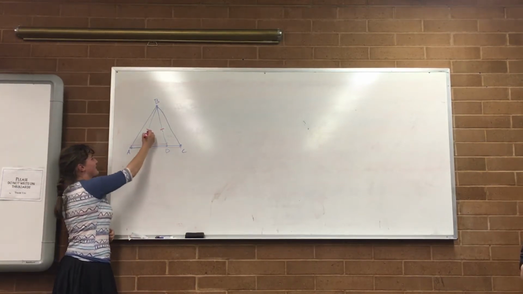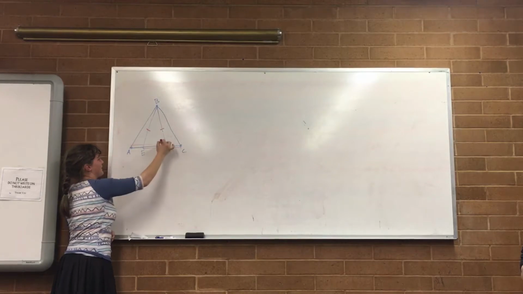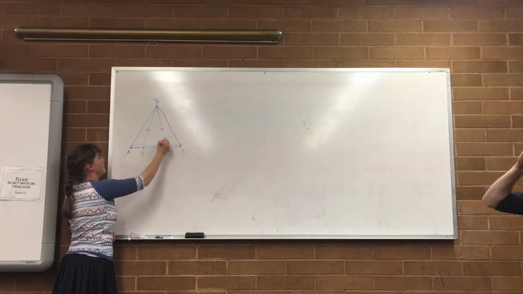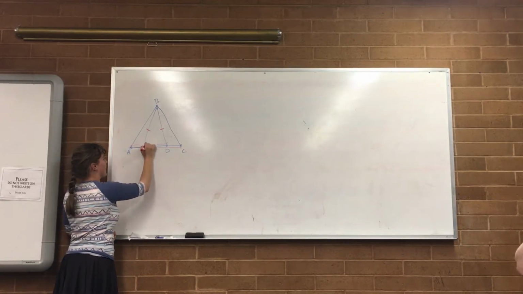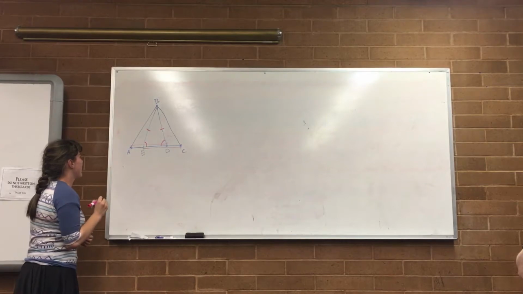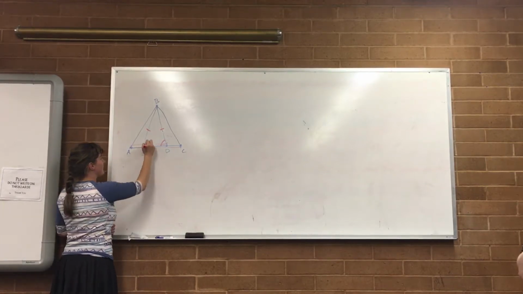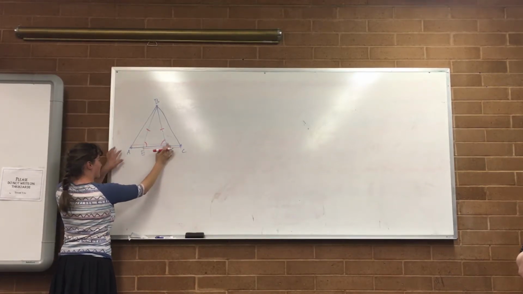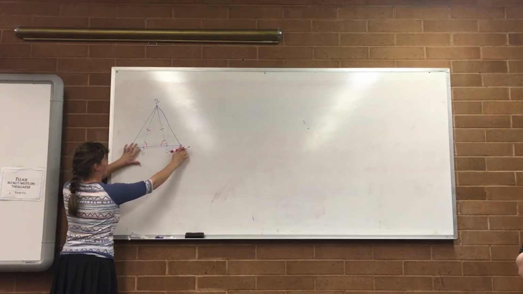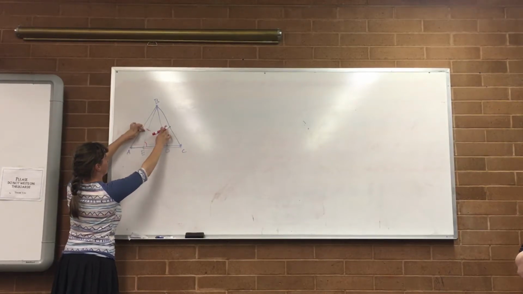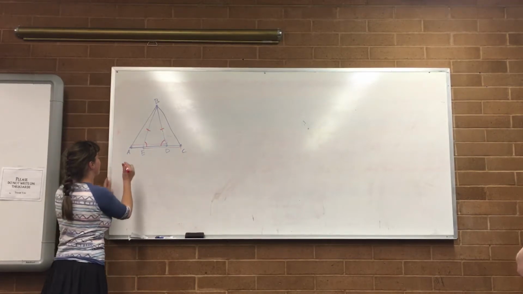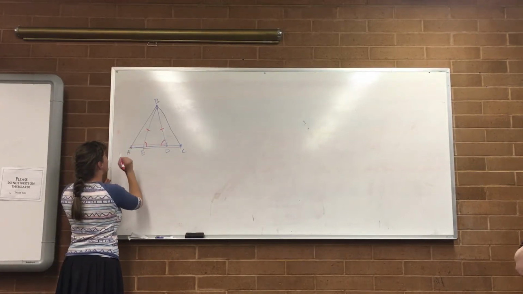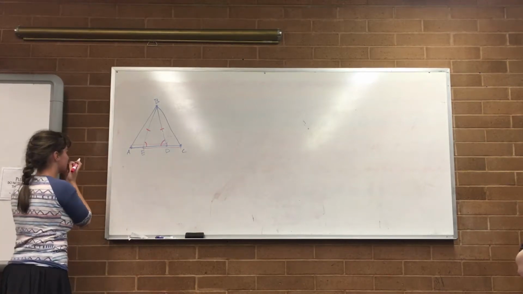Okay, so because this segment is congruent to this segment, then this triangle is an isosceles triangle. That means that this angle is congruent to this angle. Perfect. Now, because this segment is congruent to this segment, these two are congruent and these two are congruent, by side angle side. Show us the two triangles you're talking about. That will help them see it.